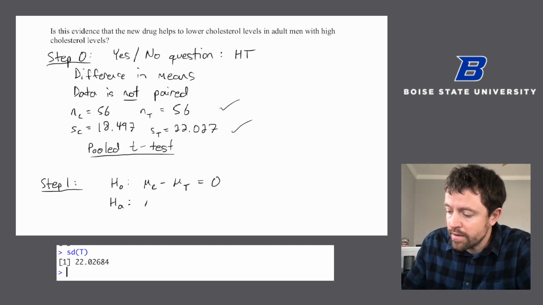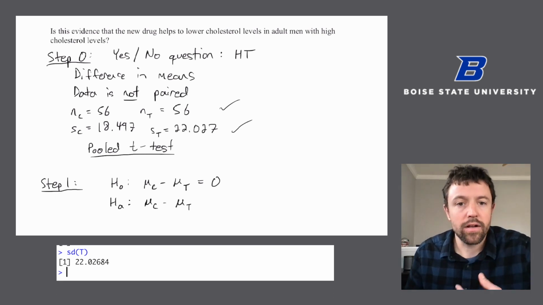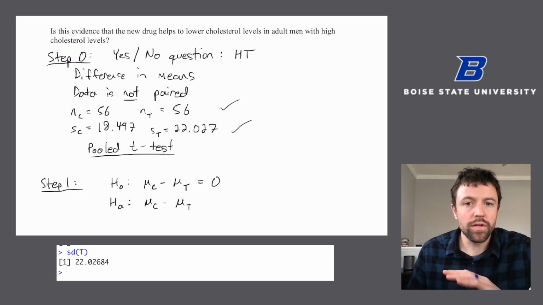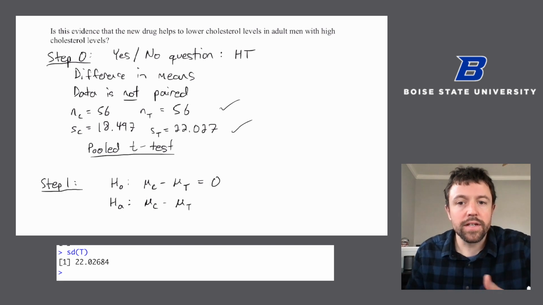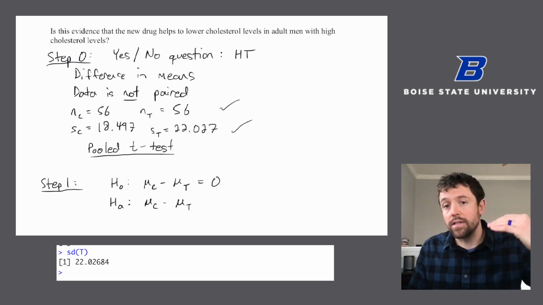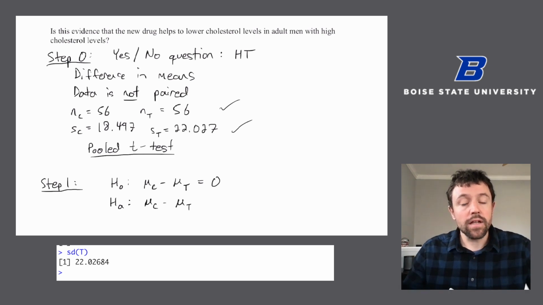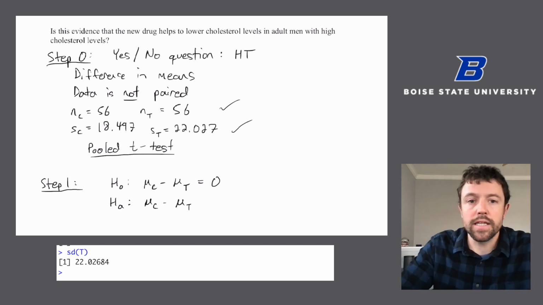And then my alternative hypothesis, well, this is definitely going to be a one-sided alternative. This is a cholesterol drug. It's supposed to lower cholesterol levels. That means there's only one direction that is of interest to the researchers, right? If it raises cholesterol levels, that's not a good thing. That's not why you're taking this drug. We still have to determine which direction it is. So let's think about this.